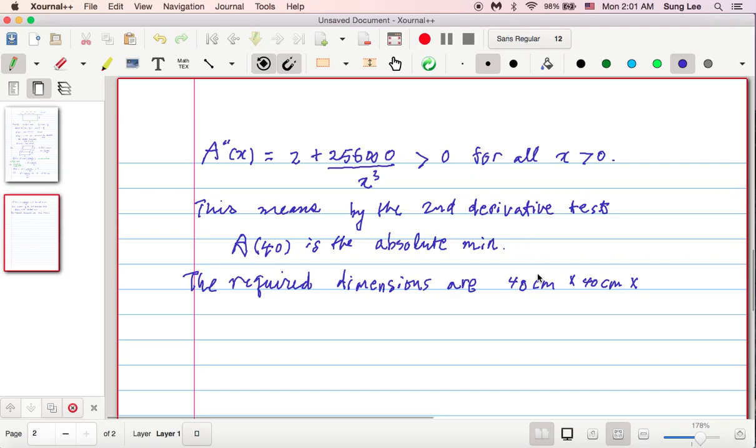So that's going to be 20 centimeters. Okay, 20 centimeters. So that's going to be the required dimensions. Good. Okay, so let's move to the next example.